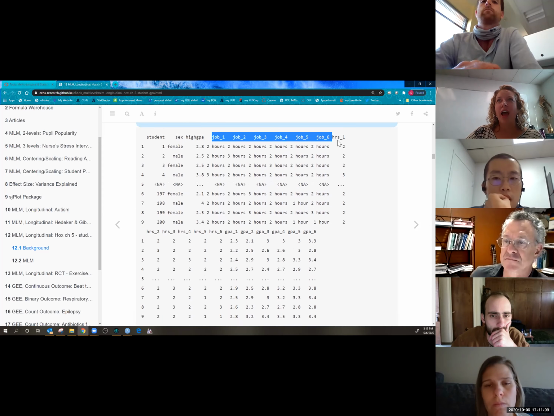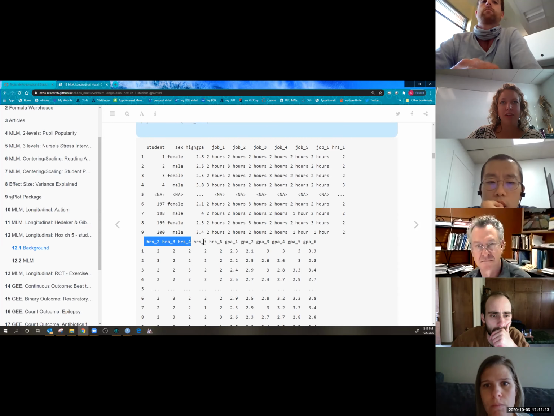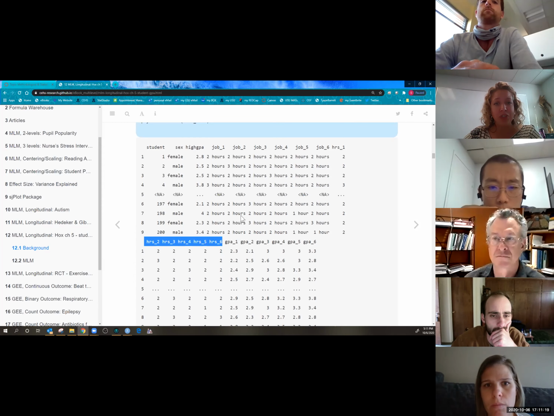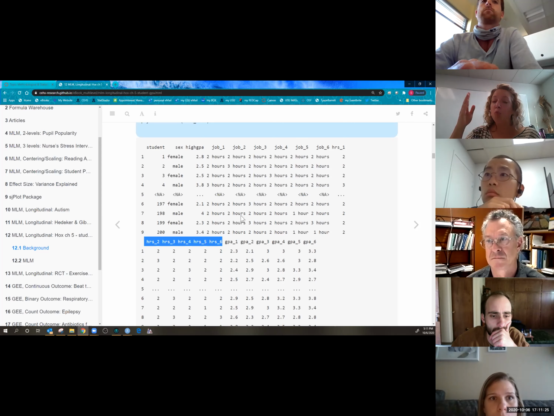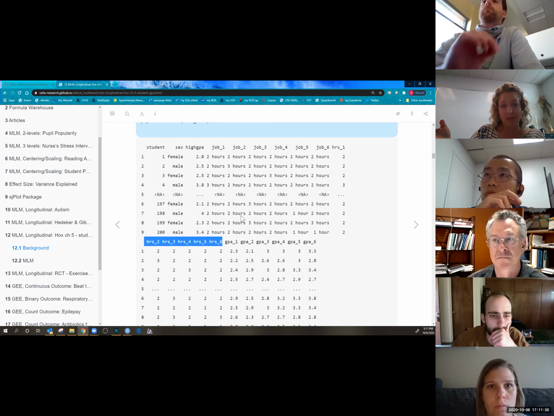And then for GPA, since it's done 6 times, we now have them listed as 6 separate variables. Long format is what you need to fit your multi-level model with your lmer command. Wide is often more helpful for making descriptive tables.